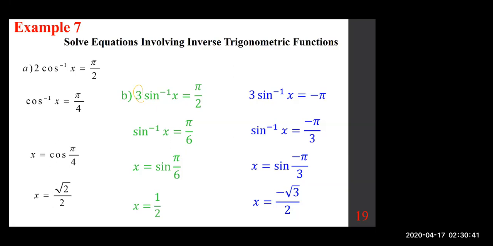So by definition, x is sine of pi over 6, and we know the answer is 1/2. That's a very simple process. Now the next one, we divide by 3 again.